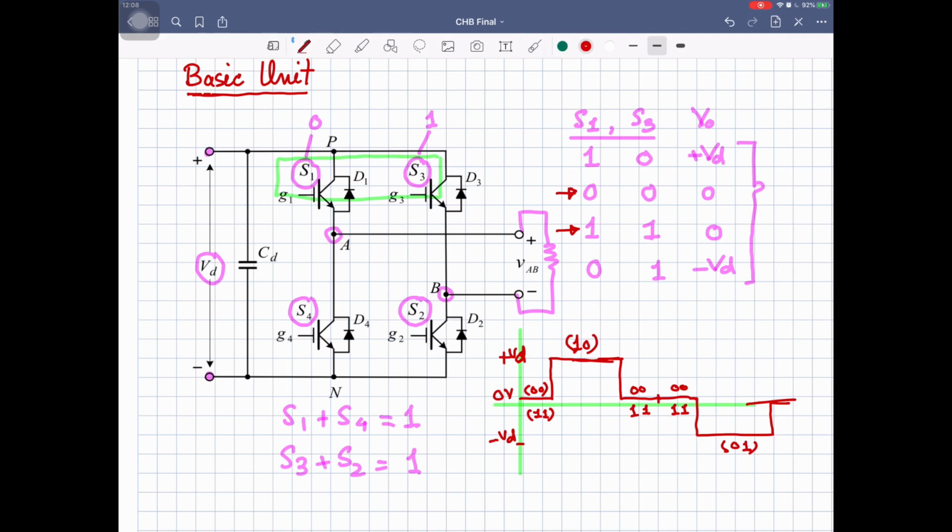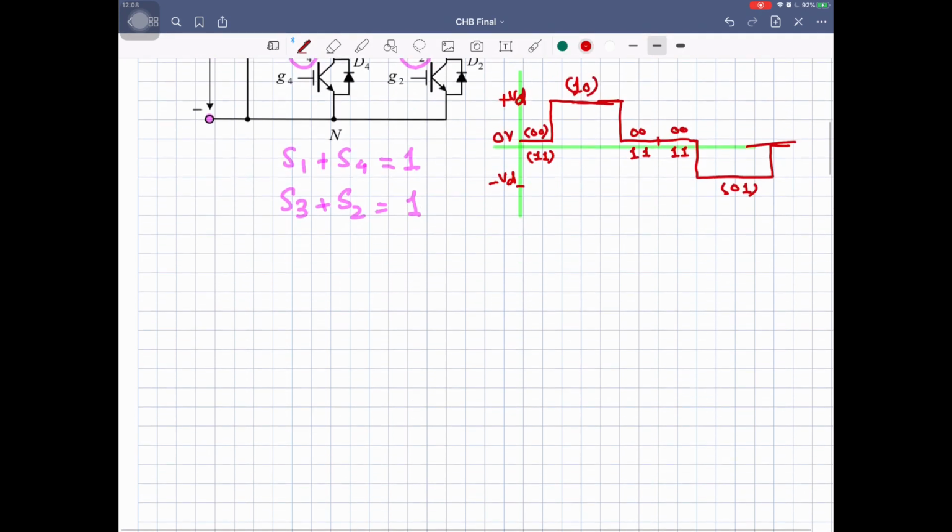So you know that when we connect two sources in series, the resultant output voltage is the sum, and the polarity is decided according to the connection. Let's suppose this is a 10 volt supply and this is a 5 volt supply. So what will be the total output voltage? The total output voltage will be 15 volt.